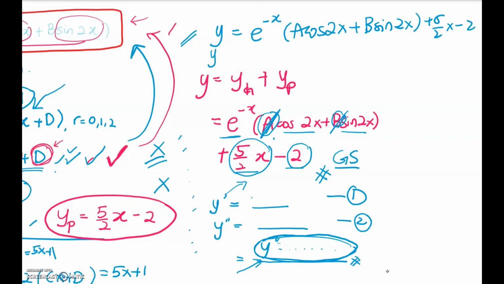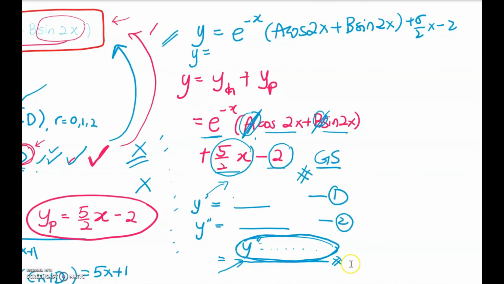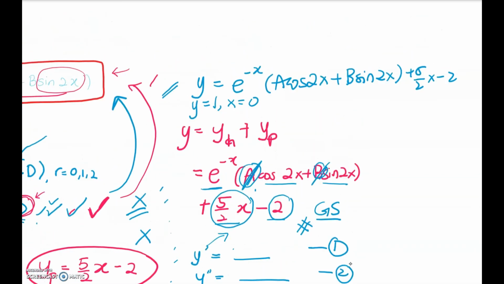So masukkanlah dekat sini y sama dengan berapa tadi? Saya pun dah lupa. So we try to get the initial guess. Okay, y equals to 1 when x is 0. So masukkan, so this one becomes your equation 1.